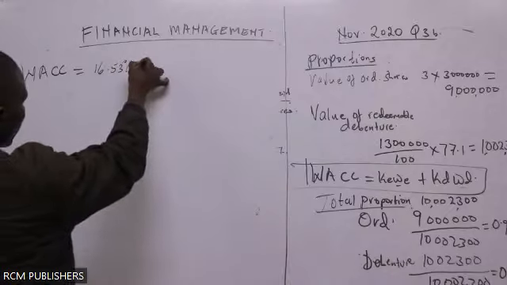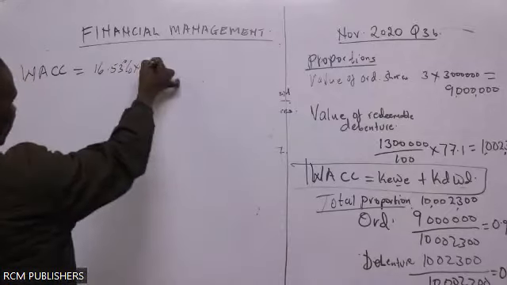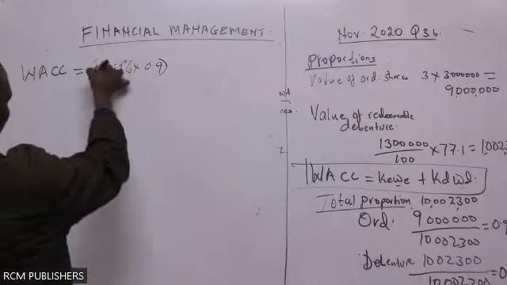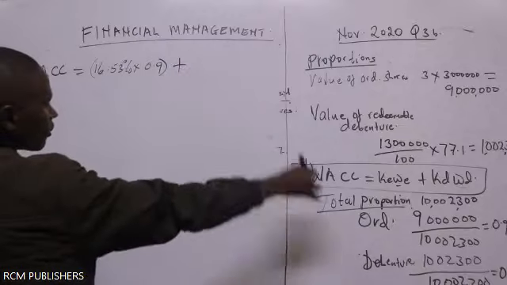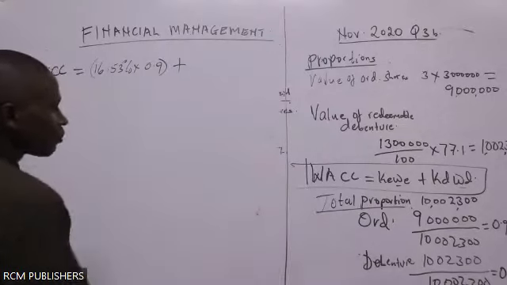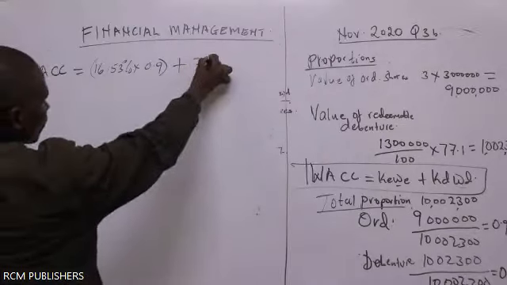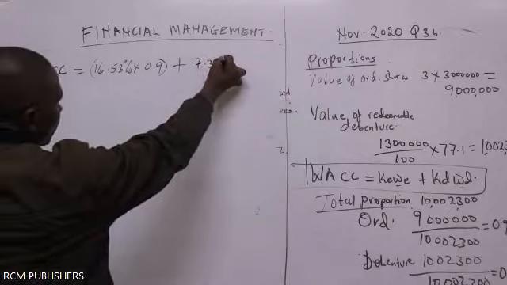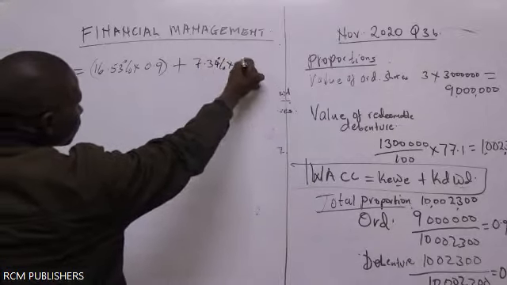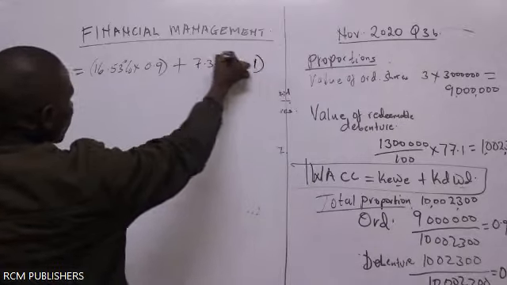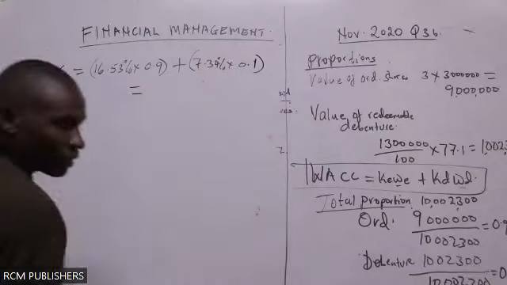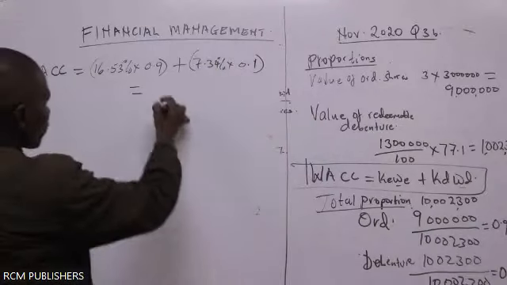I multiply by 0.9 and then I add 7.34%. I multiply by 0.1. Then I add the two and I'm getting 15.611.